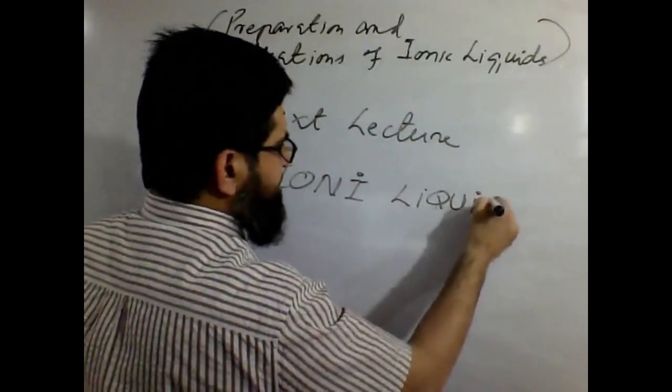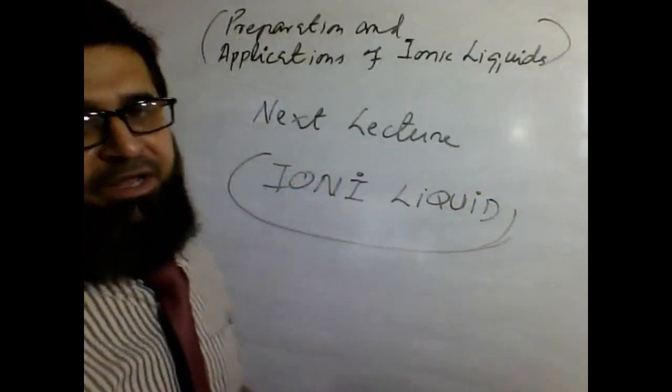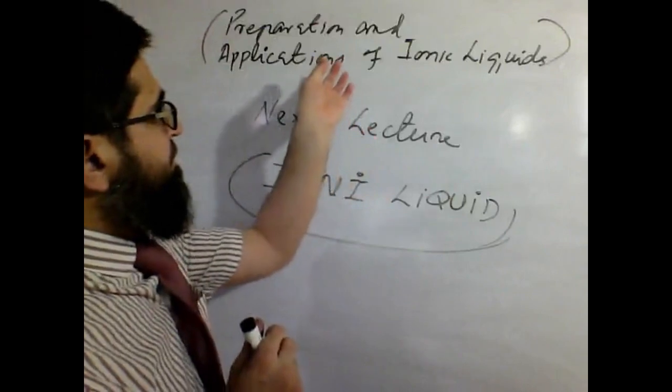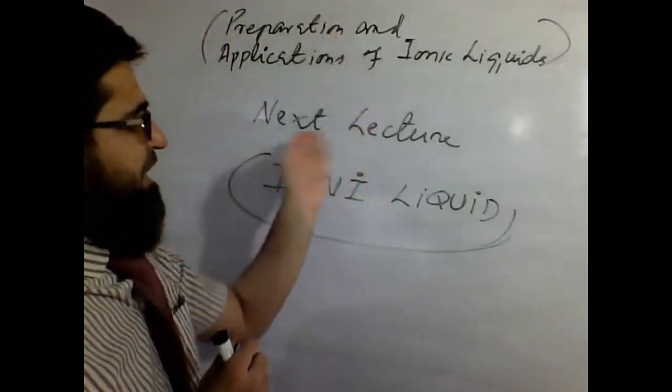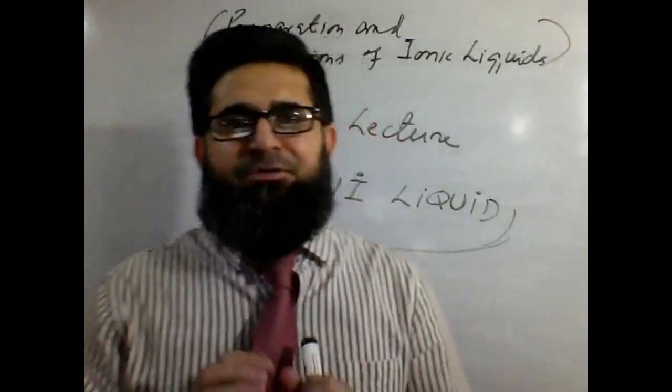Our next lecture will be in the same domain, in the same area. So ionic liquids preparation, synthesis, and their detailed application will be discussed inshallah in my next lecture.